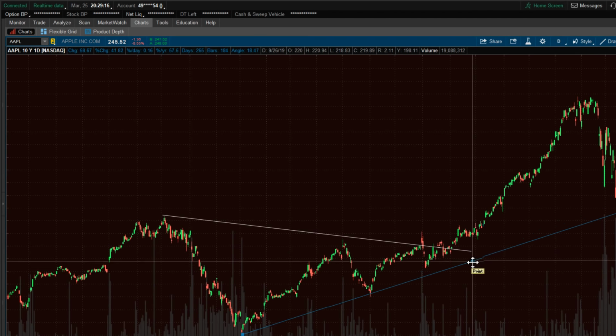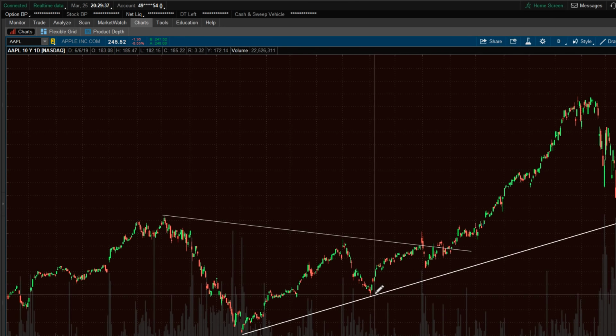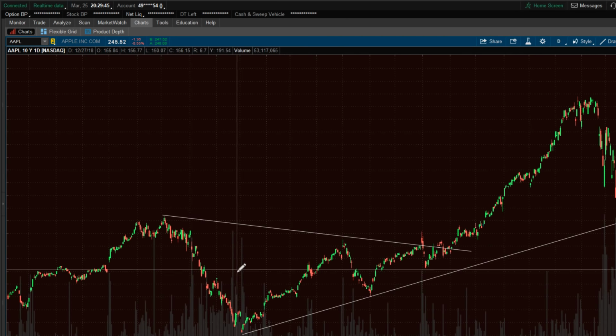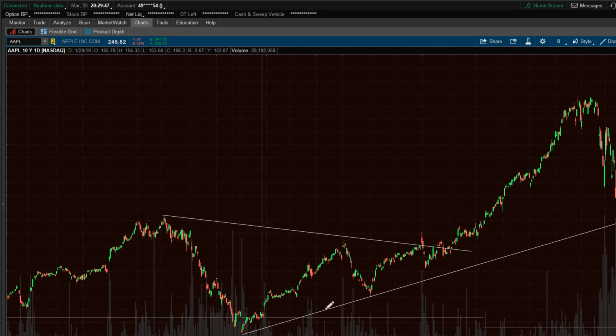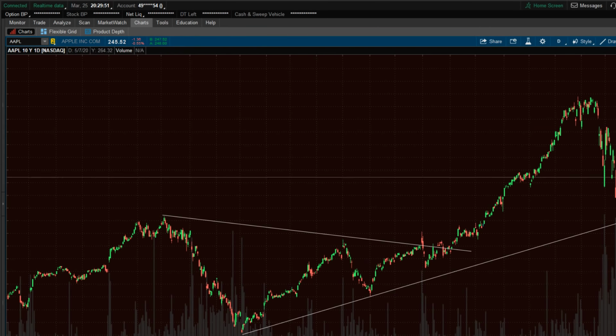So what Sticks was saying is he's pointing out that as this line is extending, this old trend line that we had from this triangle got respected right here in the current price action. So that's a good point to make, that these old areas of support and resistance tend to come into play as time goes on.